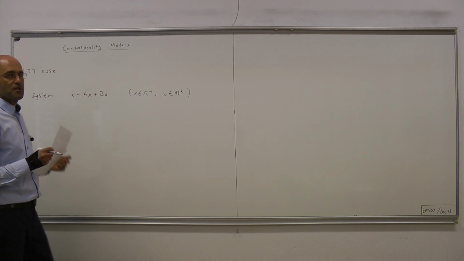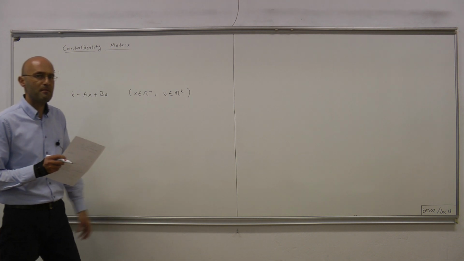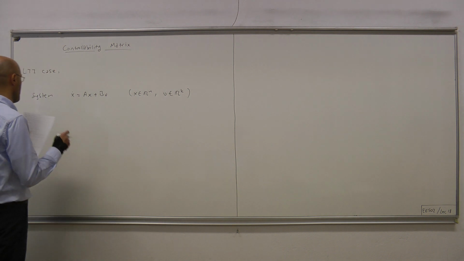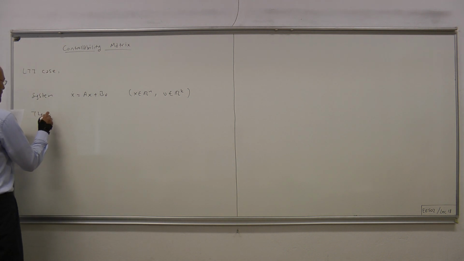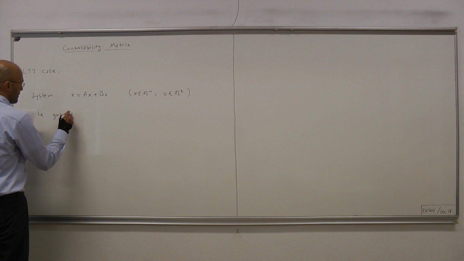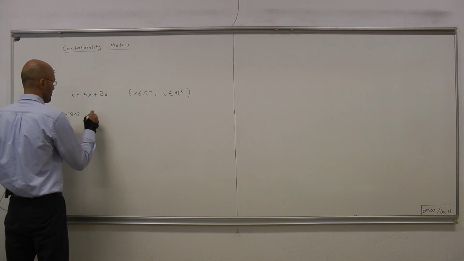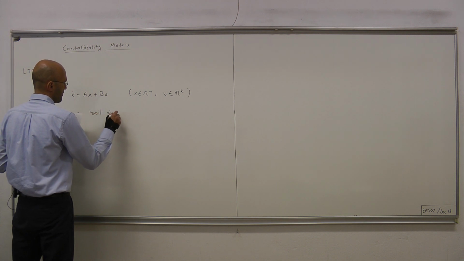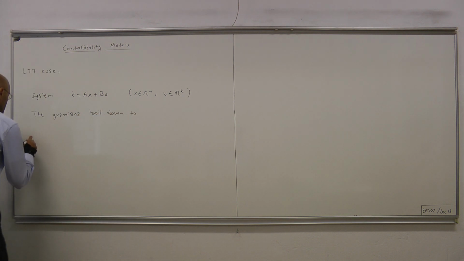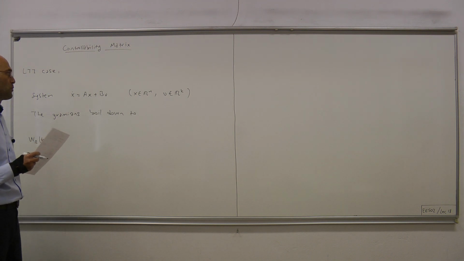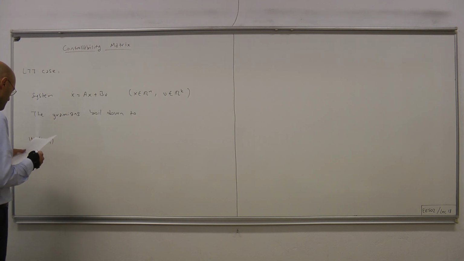Now, for this system, the Gramian matrices become simpler. So let's figure them out. The reachability and controllability Gramians become the following. This is our reachability Gramian for the given interval t0 to t1, t1 larger than t0.